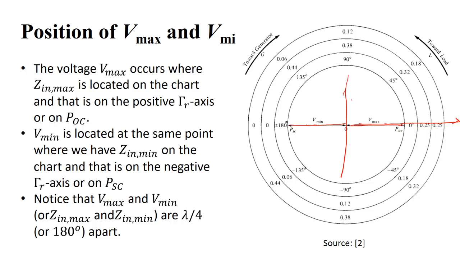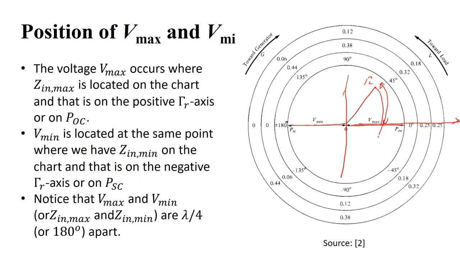To find the location, you just find the load impedance, then you find the reflection coefficient, and then you rotate in such a way that you will cut here when you reach here. This is lambda towards generator. When you find this length, you take the difference and find how much lambda you have moved. This is the distance from the load at which you will have the maximum voltage.